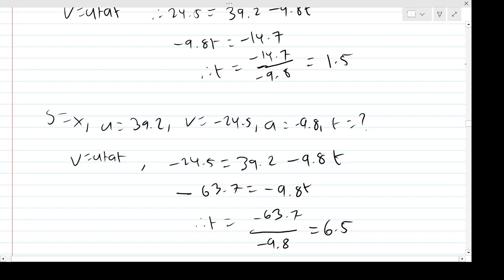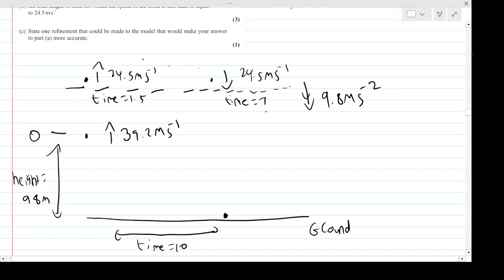Which is great, I get a positive time, which makes sense. So this time is now 6.5. Hopefully that makes sense with what's going on.